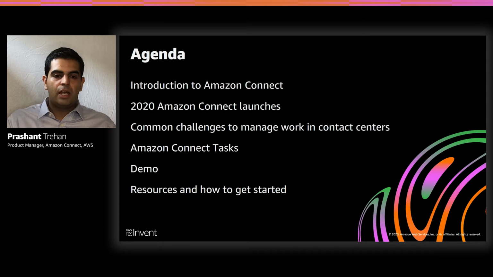We will also see how Amazon Connect Tasks improves agent productivity by automating repetitive tasks and how it increases customer satisfaction by ensuring that agents follow up with customers as promised. We'll then give you a brief demo of how Amazon Connect Tasks can be set up and integrated within your contact center.